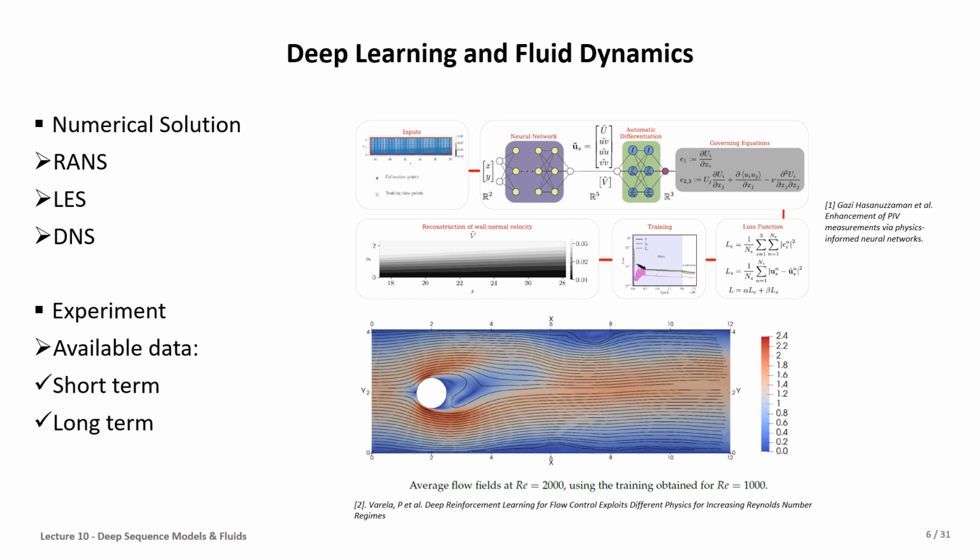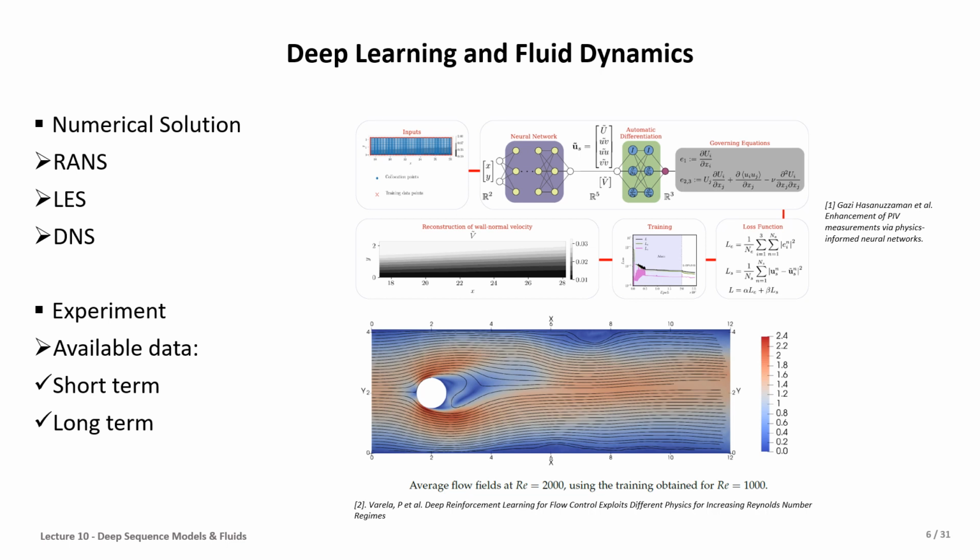In fluid dynamics, we usually have data sets from numerical solutions: RANS, LES, or DNS. We can use this data to train the model and predict a specified feature, for example velocity or vorticity.